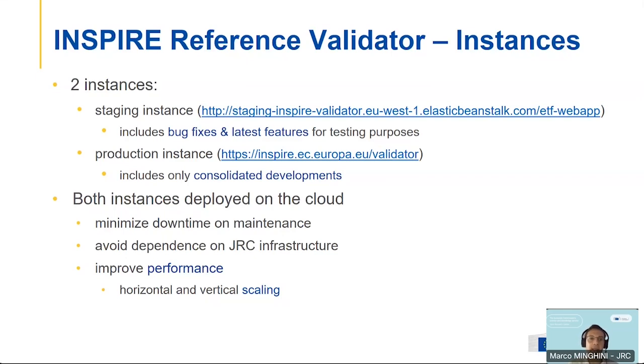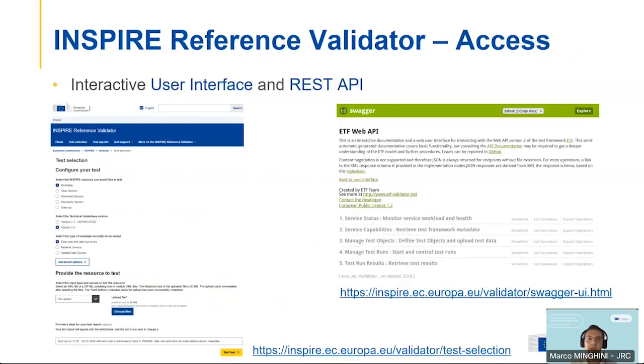Since now 5 years, both instances are deployed on the cloud in order to, first of all, avoid dependence on the GRC infrastructure, to maximize the uptime of the validator, but also, of course, to improve the performance and to enable scaling when needed, in particular horizontal scaling.